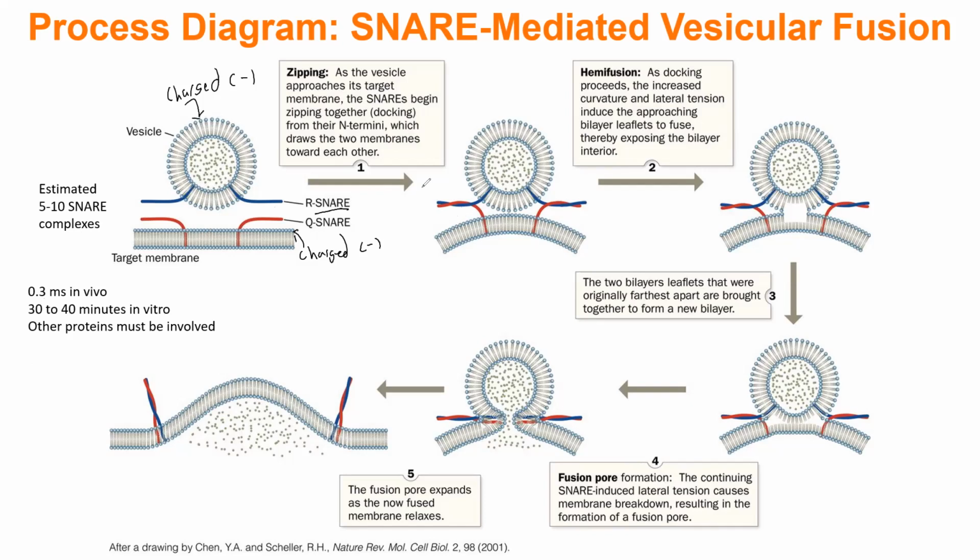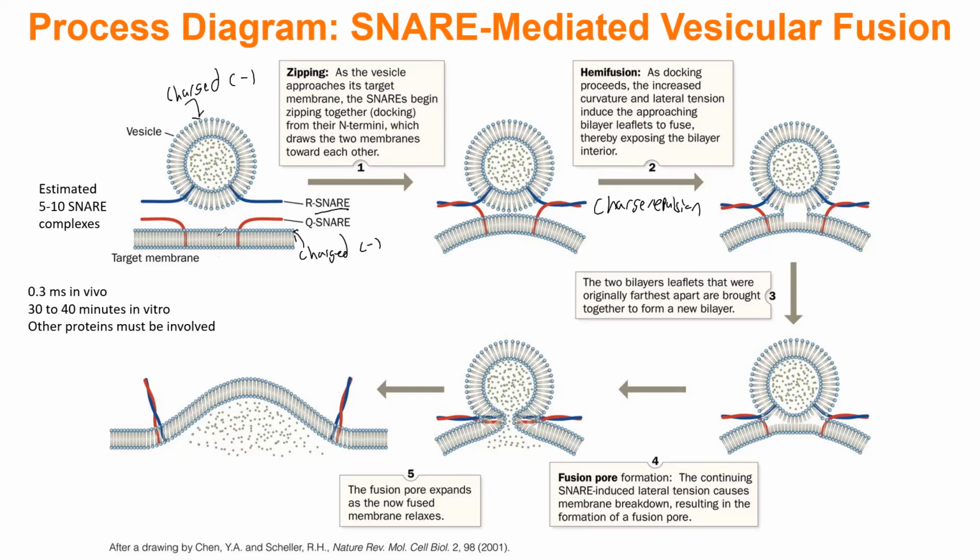One, they force the vesicle and the membrane to come together. Two, you're also increasing the curvature of the membrane. By doing this, you're helping to overcome the charge repulsion between the vesicle and the membrane. You're forcing these to come together.